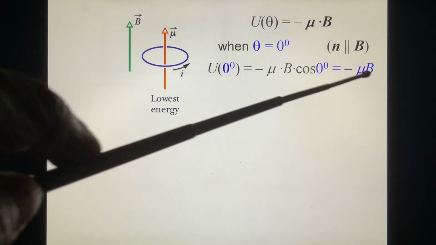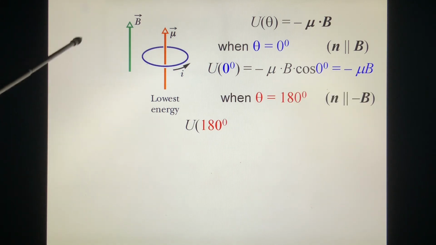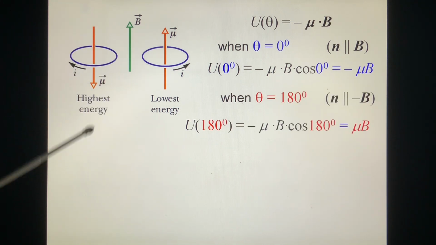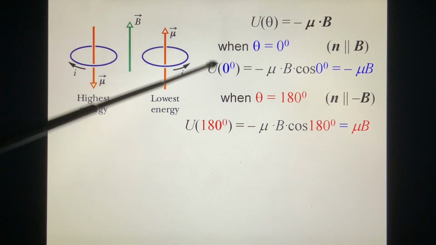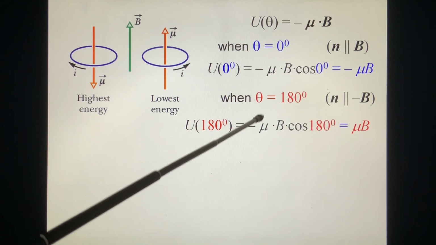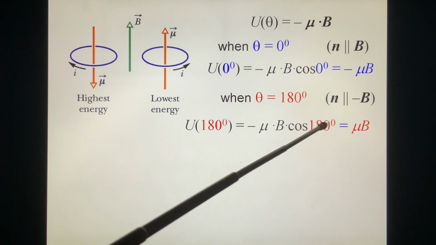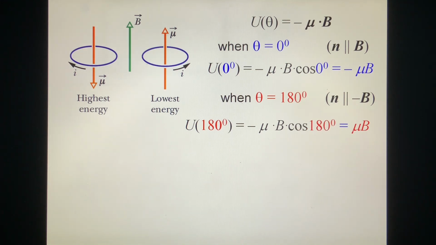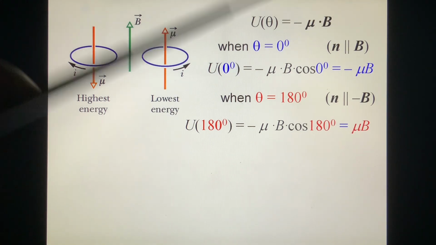When theta is 90 degrees, mu is perpendicular to B. If mu is parallel to B but in the opposite direction, the potential energy is minus mu B cosine 180. Cosine 180 is minus 1, so minus times minus 1 is positive. It's the largest.